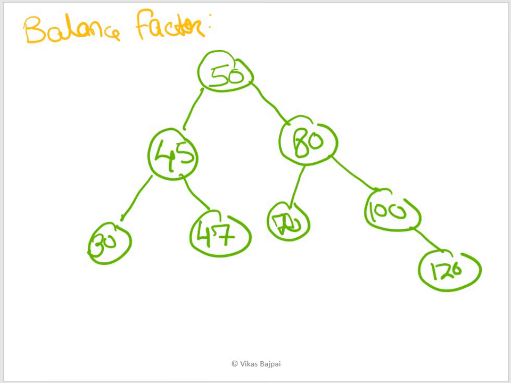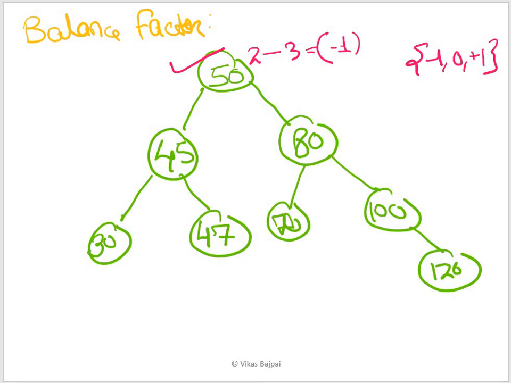In this particular node, the height of the left subtree minus the height of the right subtree comes out to be, let's say, 2 minus 3, which is -1 in this case. So this is within the range of -1, 0 and +1. So this particular thing is okay.